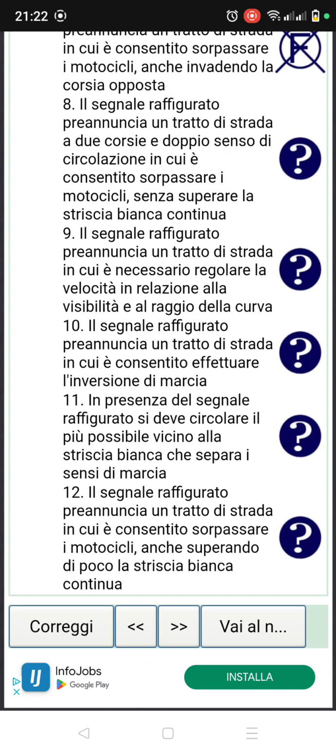So you can overtake a motorbike without crossing the continuous line.